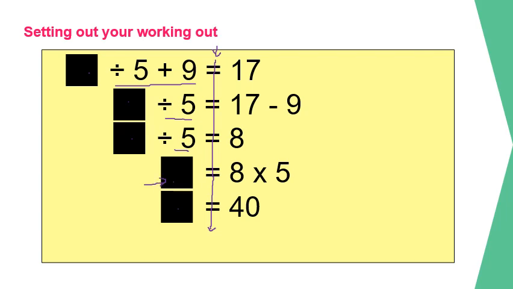And then because I know that an equation is balanced, that will tell me what the black square actually means. If this side equals 40, we know an equation has to balance. We know it has to be the same on each side. So this side must be 40 as well.